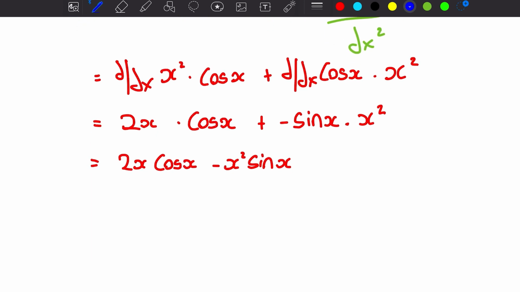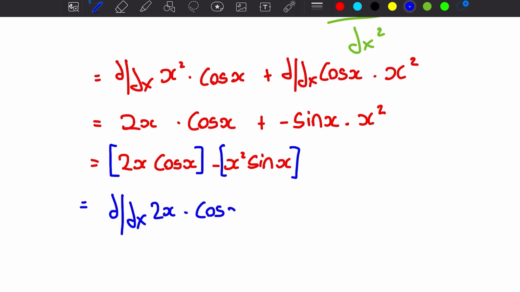So let's go. So now we'll find the derivative of, we'll do it in parts. We'll do this section over here, and then we'll do this section, okay? Just to make it a little bit more simple. So that's going to be equal to d by dx of 2x times cos x plus d by dx of cos x times 2x.